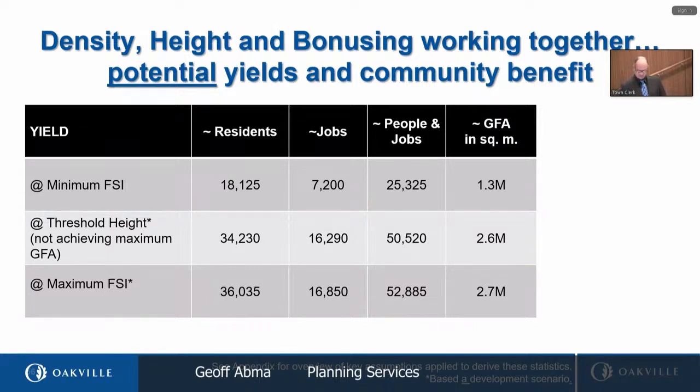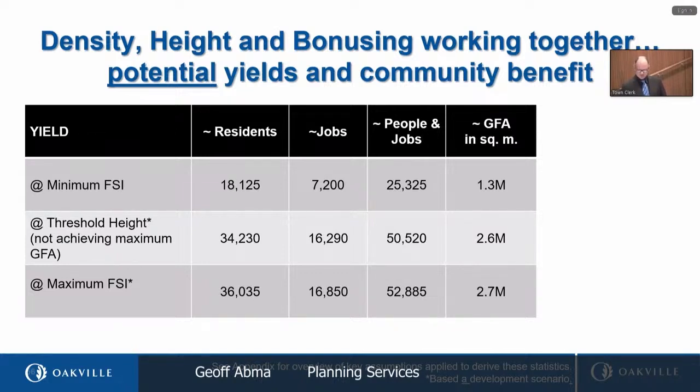We know development of all the property in Midtown would take a very long time, but we are still confident that even if everybody came in at the minimum, we would be meeting our minimum target of, I think, 20,000 people and jobs.